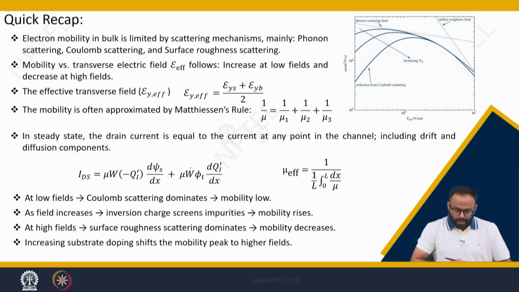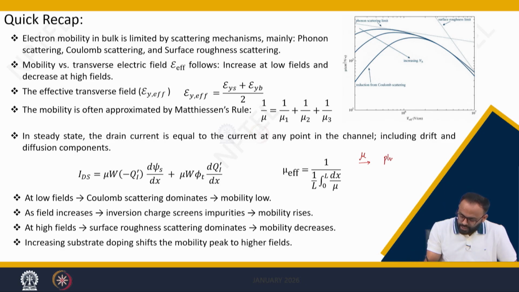Let us do a quick recap. In the previous lecture we said that the mobility in the MOSFET is governed by different scattering events: phonon scattering, Coulomb scattering and surface roughness. When the field is very low, Coulomb scattering dominates.